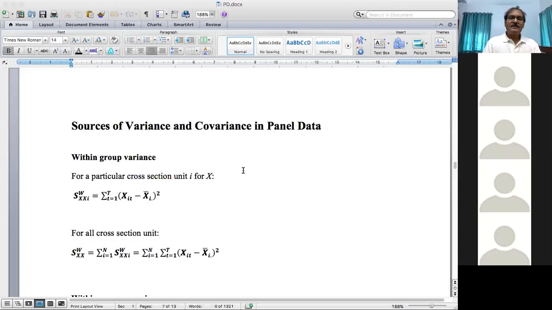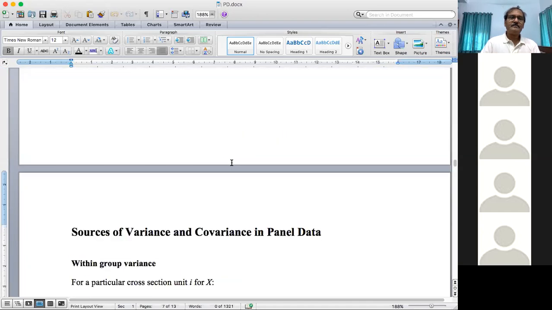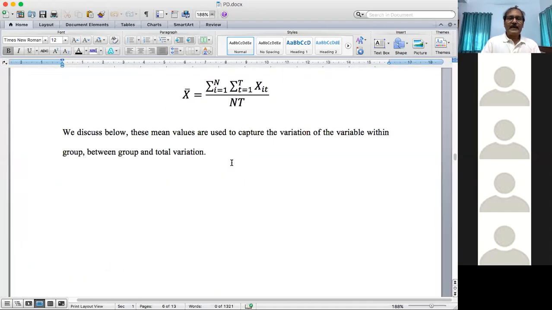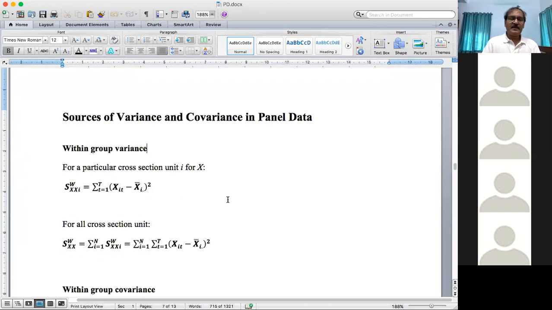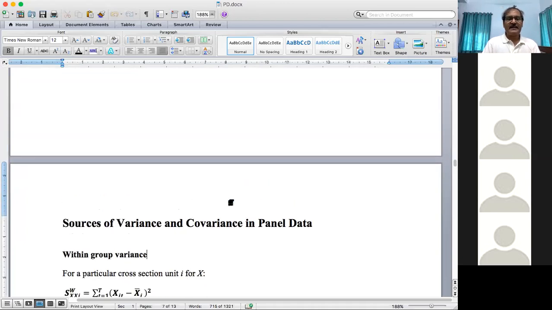Okay, so let me start with the portion we finished in the last class. So in the last class, we have defined the basic concepts of the panel data, the basic benefits of the use of panel data, and the basic structure of the panel data.